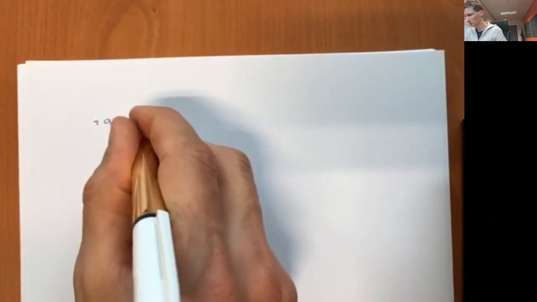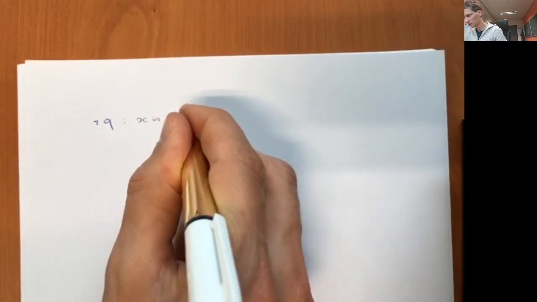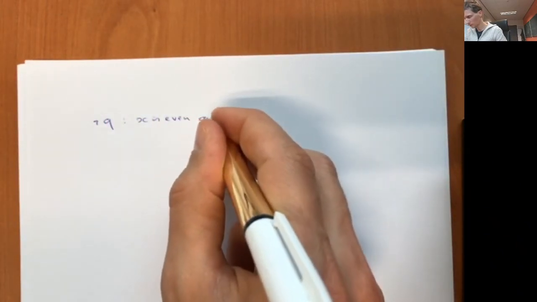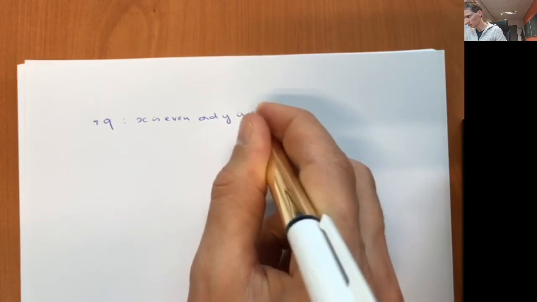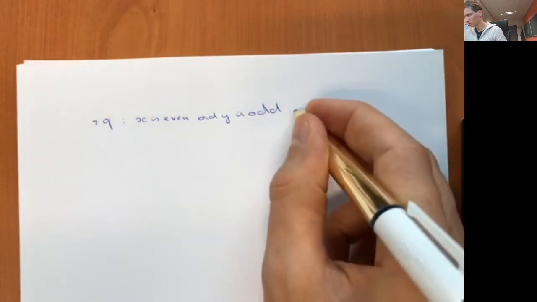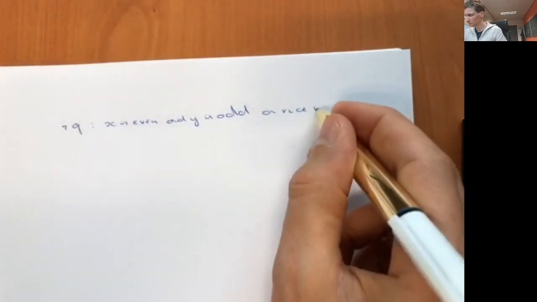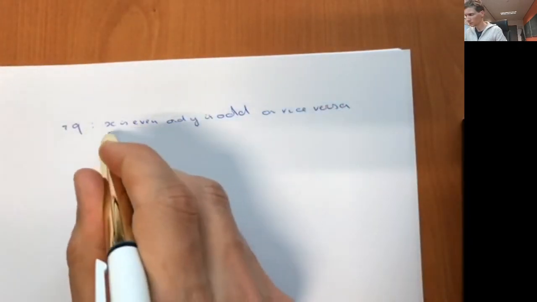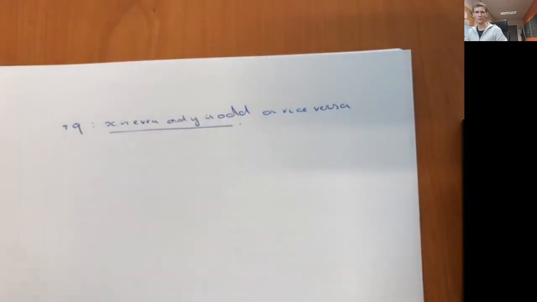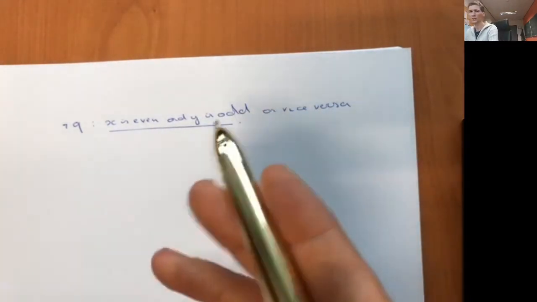So negative Q: x is even and y is odd, or vice versa. Let's assume that x is even and y is odd, and the other case holds by analogy.